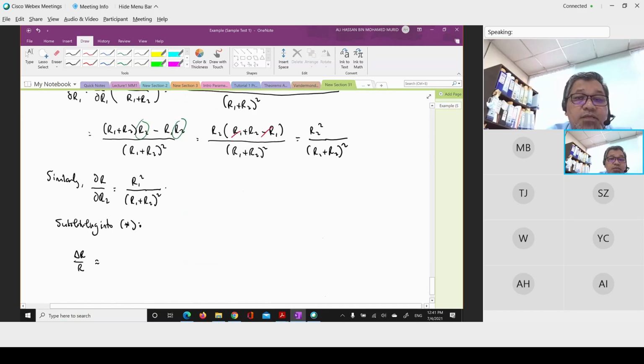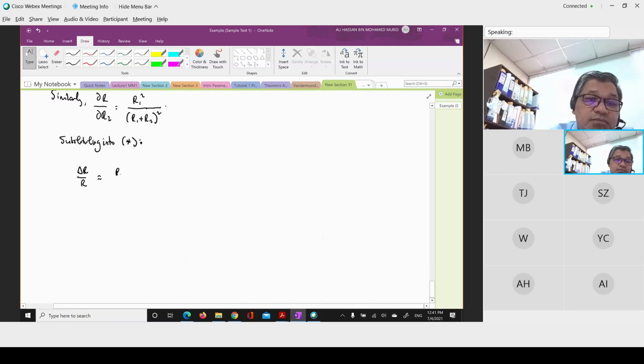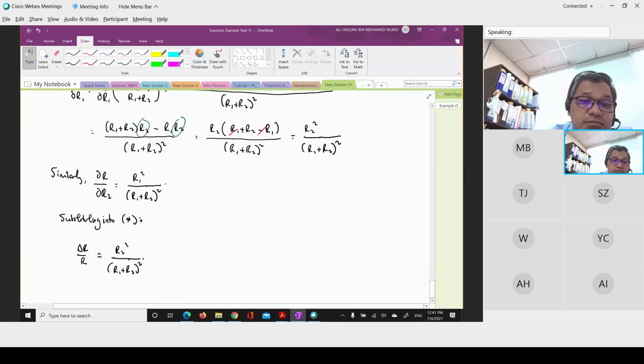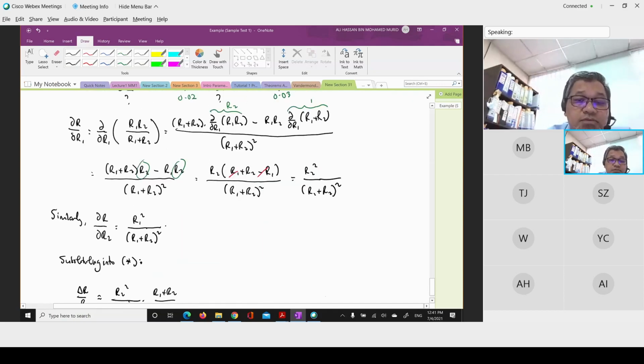Partial R partial R1, which is R2 squared divided by (R1 plus R2) squared, times (R1 plus R2) divided by R2, times 0.02.